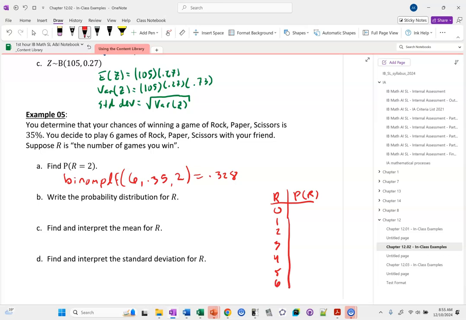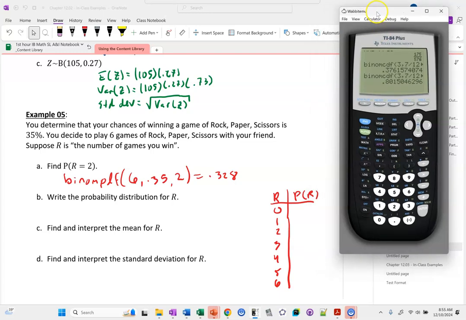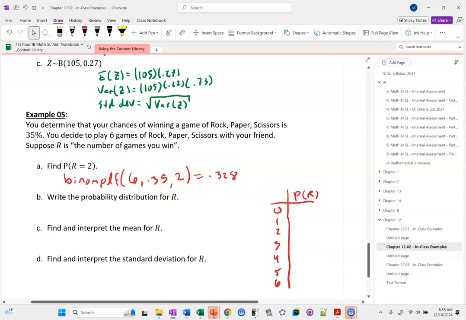So I want the probability for R for all possible outcomes of R. That's kind of an annoying thing to do. Let me see if we can do this in a clever way in our calculator. So these are going to be all, let me just, actually, let's say that's X. Say R equals X.